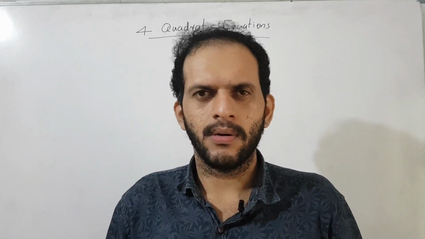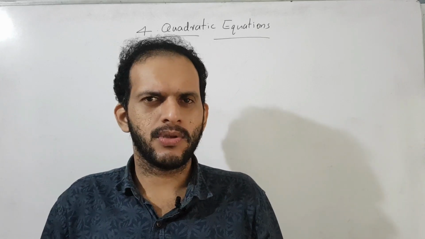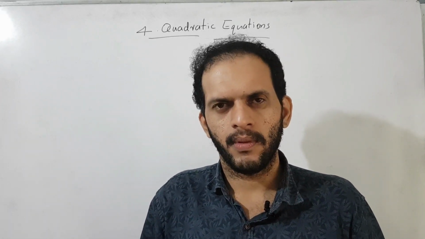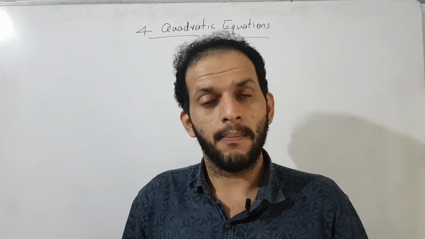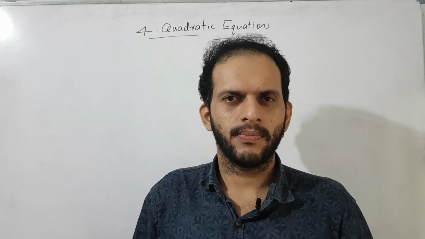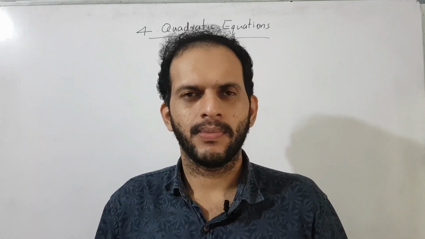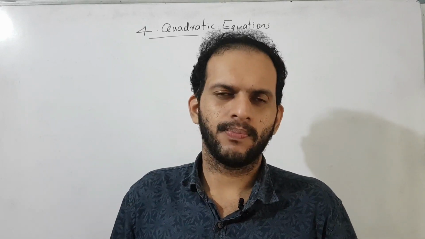The first one, the same idea, is the factorization method, which means the splitting middle term method. The second is the completing square method, and the third one is by using the quadratic formula. These are the main three ideas we discuss in the chapter.